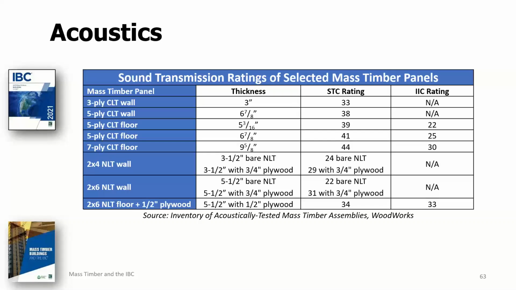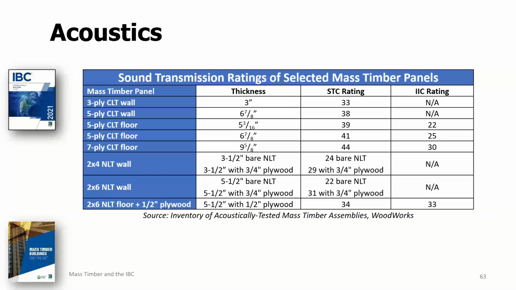For example, a 5-ply CLT floor with a thickness of nearly 7 inches has an STC rating of 41 and an IIC rating of 25 if it's just a bare 5-ply CLT slab. So as such, components are typically added to one or both sides of the mass timber assembly in order to improve their STC and IIC ratings.